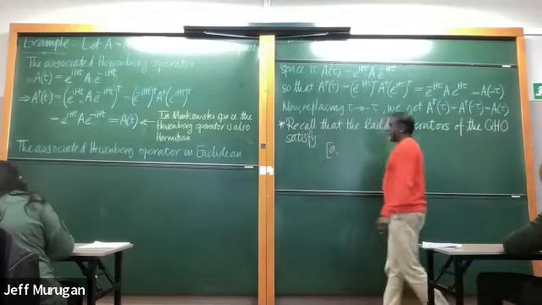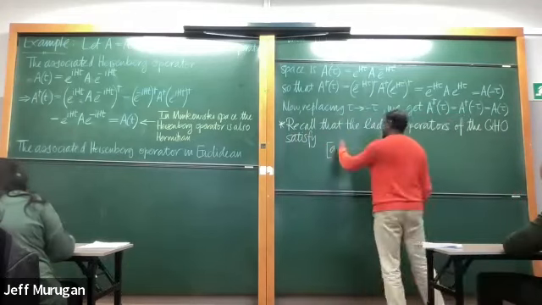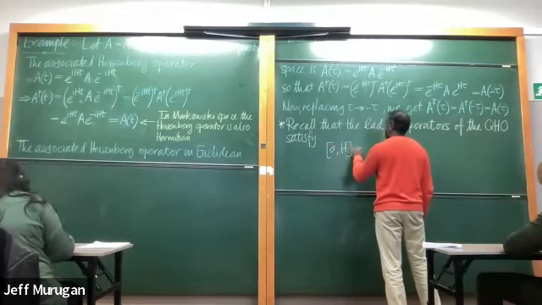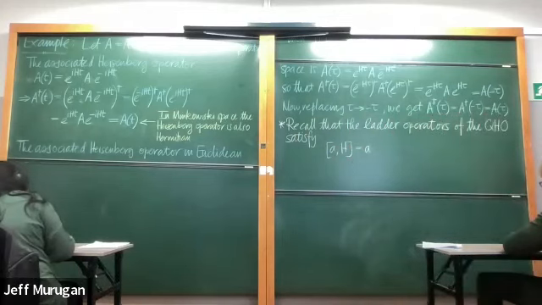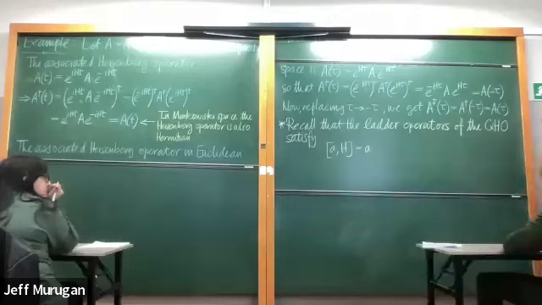If I calculate the commutator with the harmonic oscillator Hamiltonian, I get back A. In fact, this feature is used to define coherent states of the harmonic oscillator, which are the most classical quantum states.